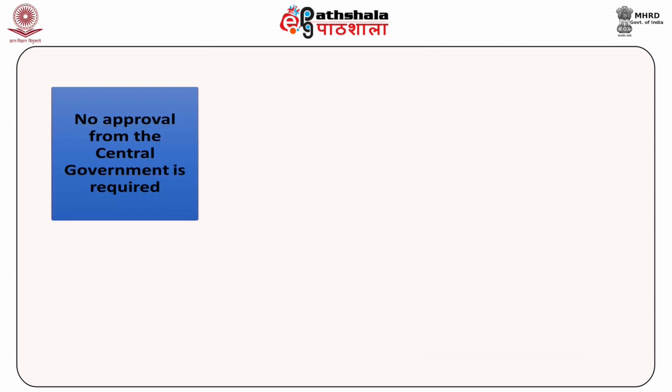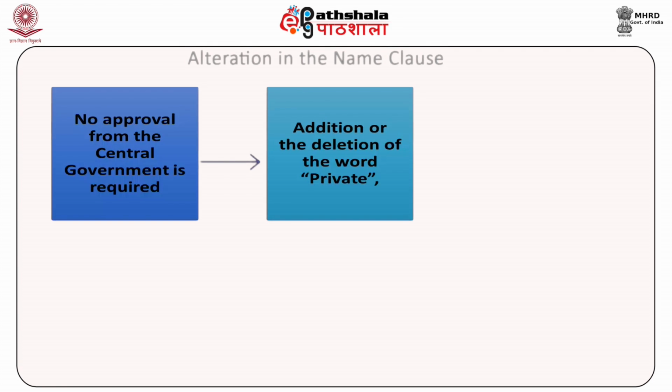However, no approval from the Central Government is required where the only change in the name of a company is the addition thereto or, as the case may be, the deletion therefrom of the word 'private', consequent on the conversion of a public company into a private company or vice versa.